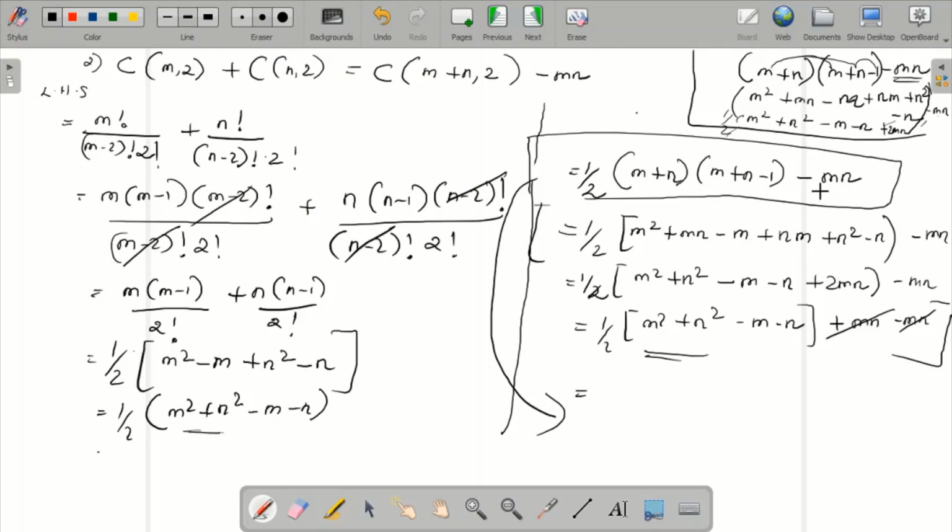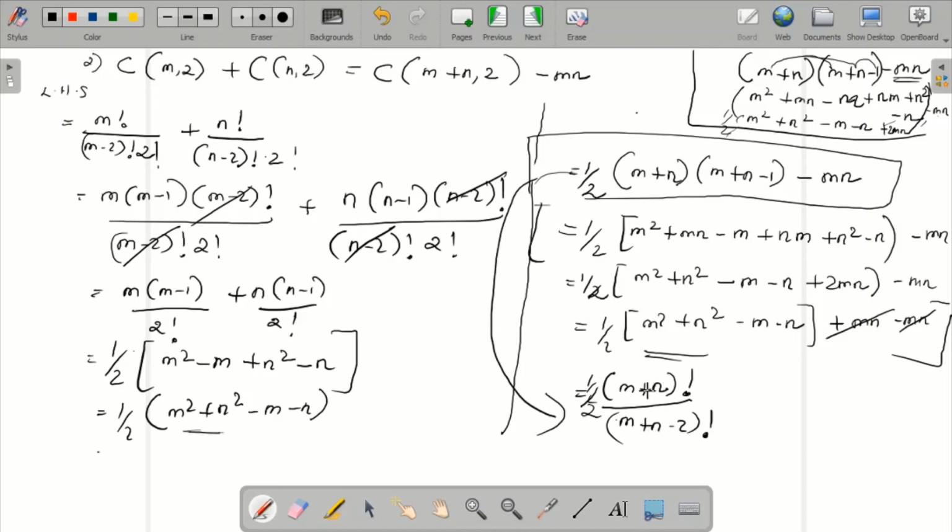So how can I write this in terms of factorial? From this step it is continuation. You can write it as m plus n whole factorial, half is over here itself, divided by m plus n minus 2 whole factorial.